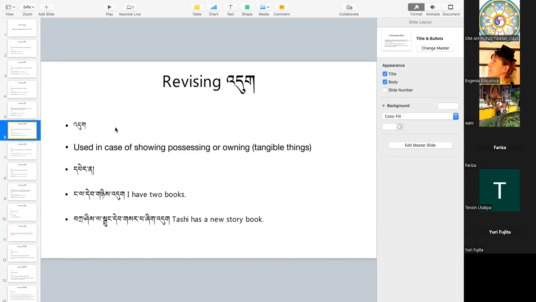So ngala tebni tuk, meaning confirming that I have 2 books. For example, if we say, oh, they have sent a few books for us, and then you can say, oh yes, I have 2 books, meaning there are 2 books for me. I'm confirming that 2 of these books are for me.